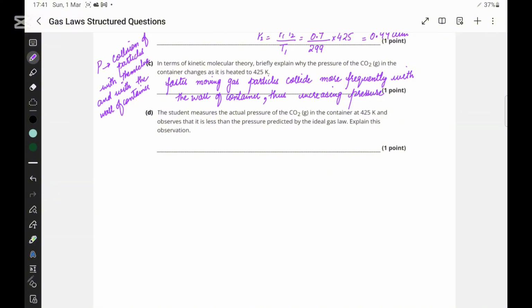So the next question says that a student measures the actual pressure of CO2 gas in the container at 425 Kelvin and observes that it is less than the pressure predicted by ideal gas laws.